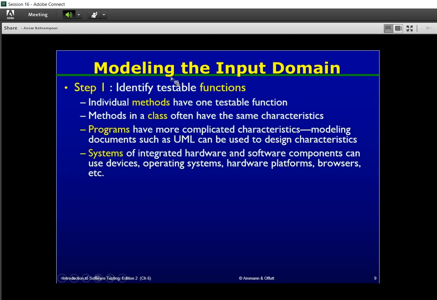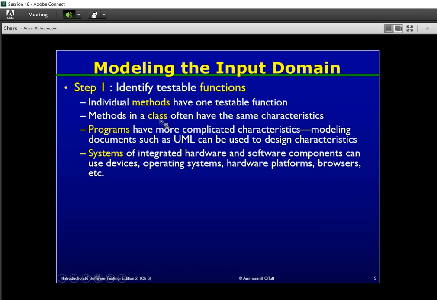As you know, in the first step we should identify the testable functions from the program under test, and as I said, all individual methods are testable functions.